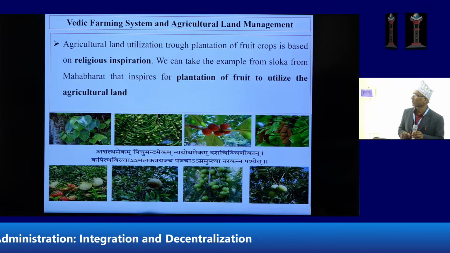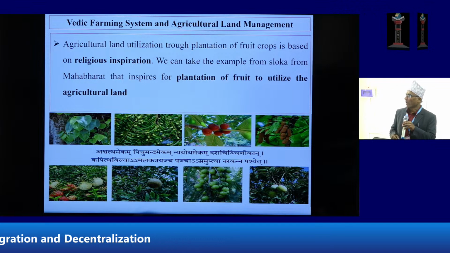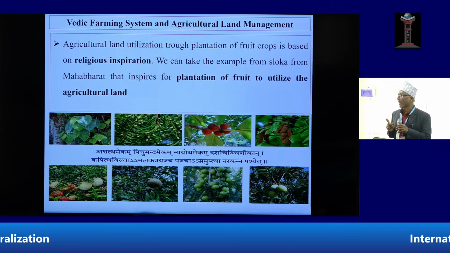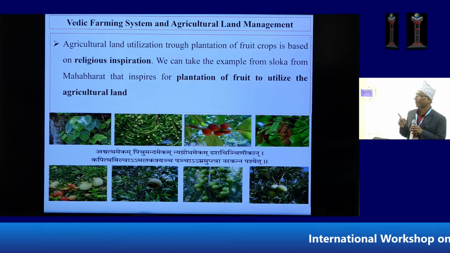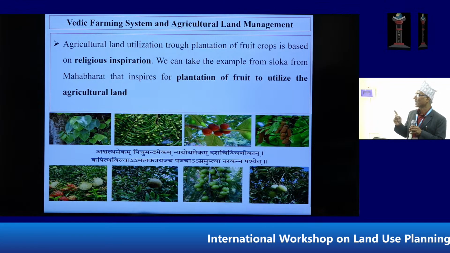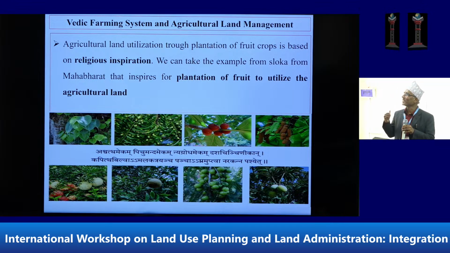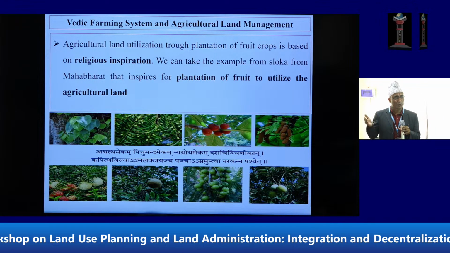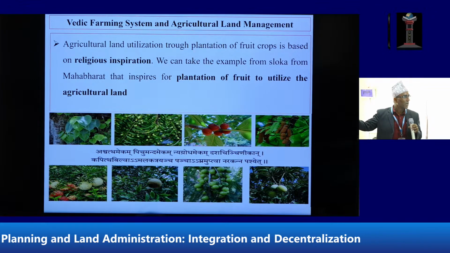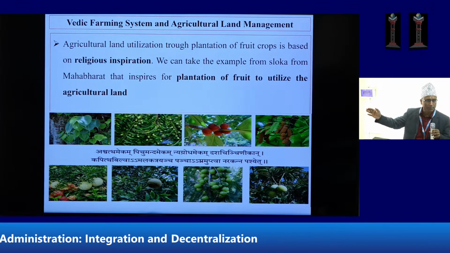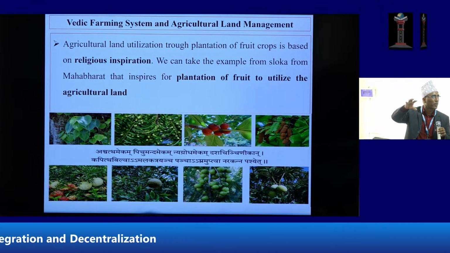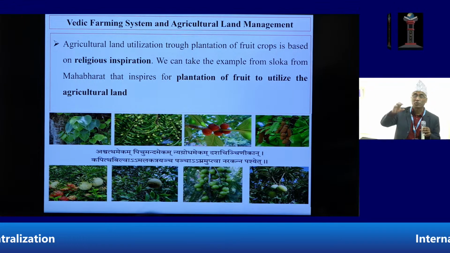There is one sloka: Asvattham ekam, pichumandam ekam, nyagrodham ekam, dasa chinchini karam, kapittha bilva amalaka trayam cha, pancha amra uptva narakam na pashyet. It means there is religious inspiration for the plantation of fruit crops. There are different fruits, as well as different trees that have Ayurvedic medicinal value.